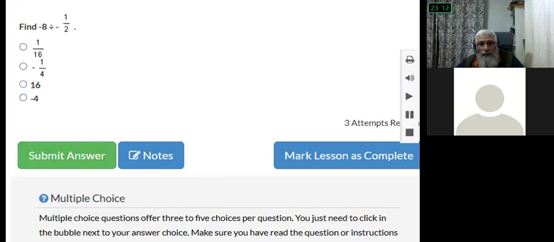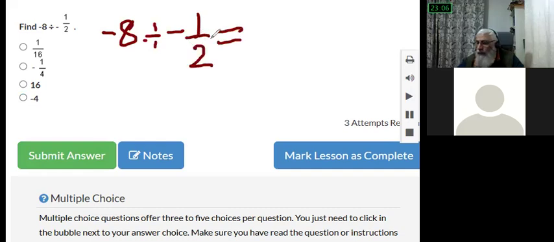Read this. Negative 8 divided by negative 1 half. So what is negative divided by negative? The result will be what sign? Negative divided by negative is positive. So this is not correct. Now, we'll use keep, change, flip again.